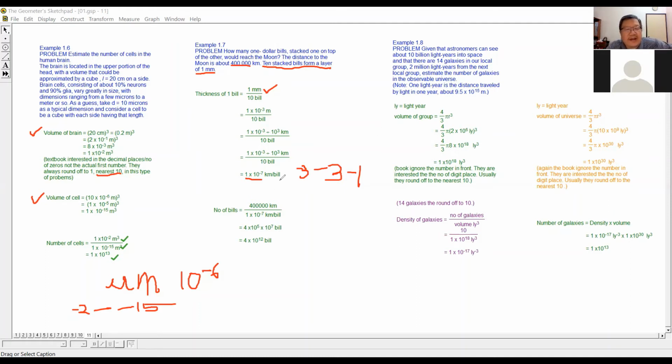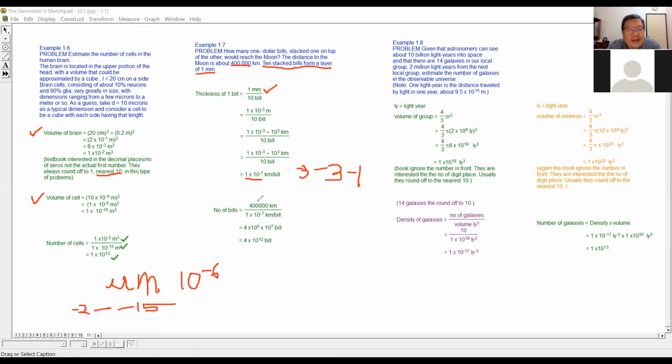So this is the thickness of one note, and the distance to the moon is 400,000 kilometers. So when I divide this distance by the thickness of one note, it will give me the number of notes, which they call bills.